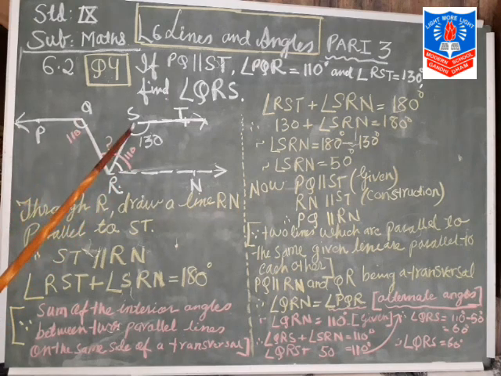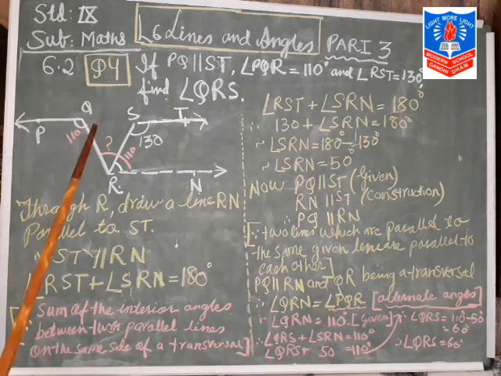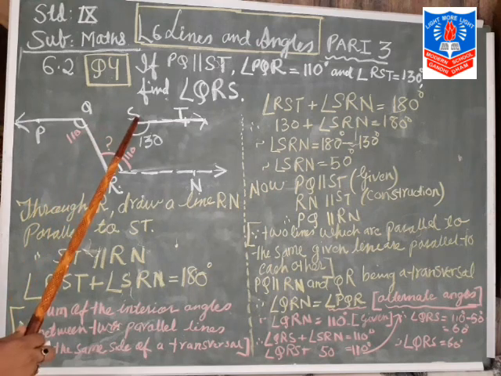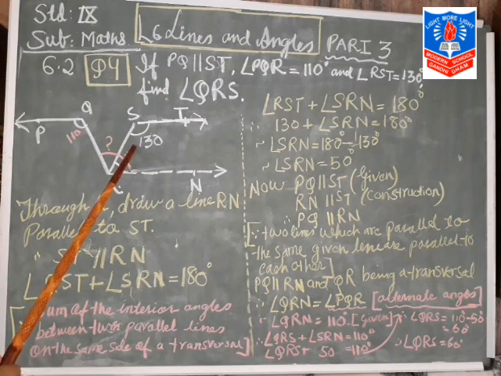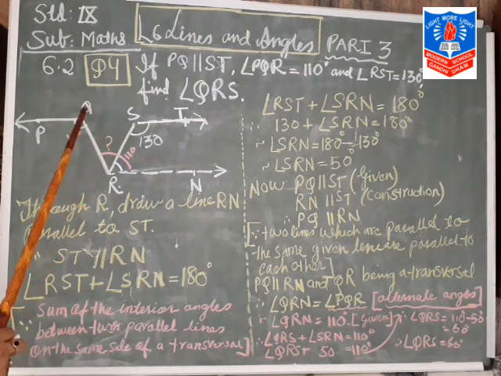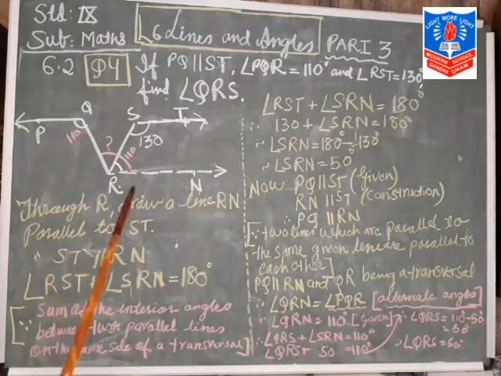So this angle and this angle equal 110. Naturally you will get this angle. And now we have SRN, which is 50. So 110 minus 50, you will get QRS.